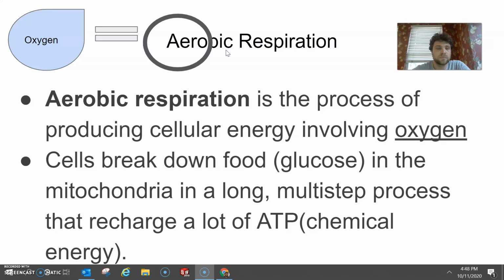Cells break down food or glucose in the mitochondria in a long multi-step process that recharges a lot of ATP and puts the chemical energy in glucose in a form that the cell can use.